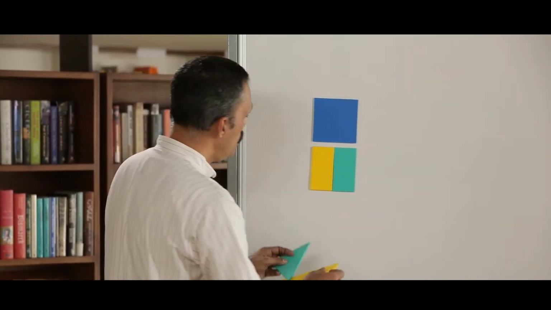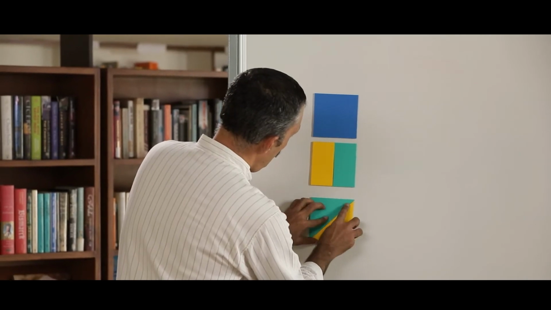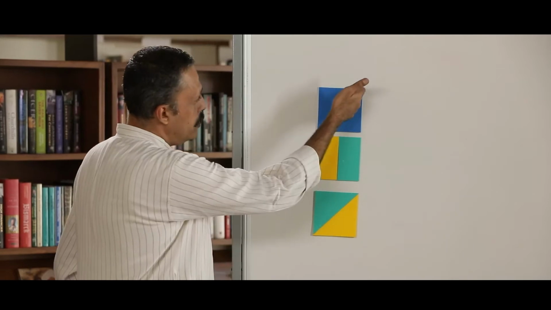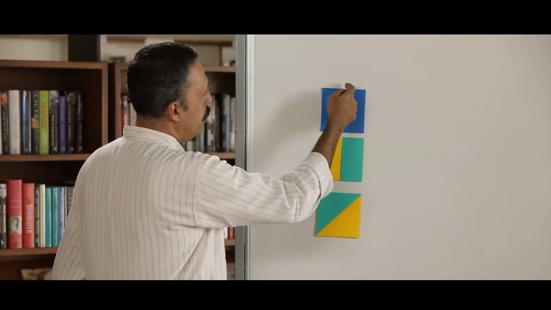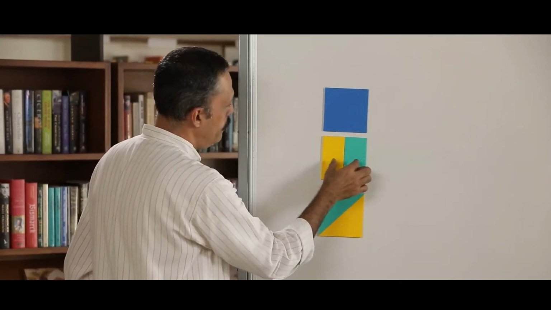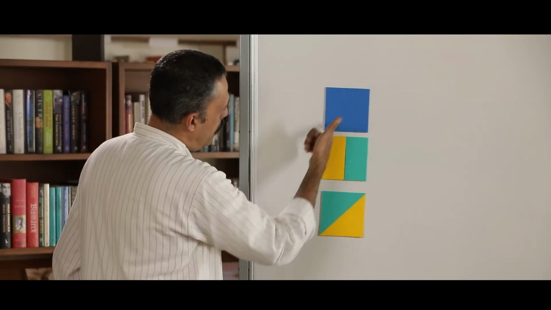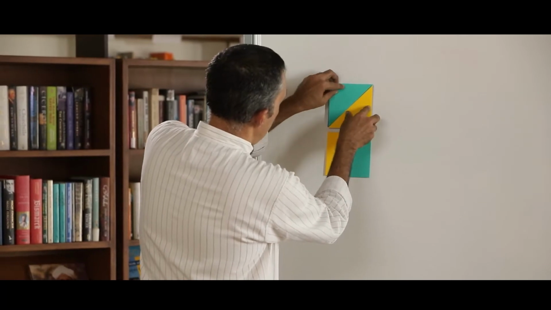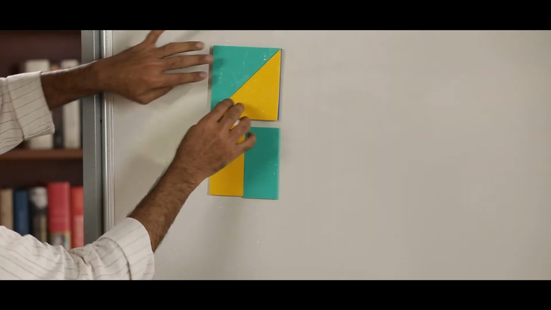In what other way can we make equal portions? Can we make equal portions in this way? Can I cut it this way? When I cut it this way, I got these two. Can I cut it this way? Let us check whether it is equal or not.